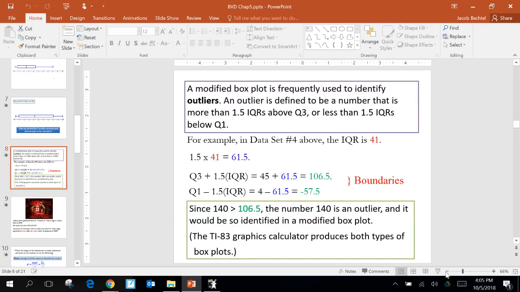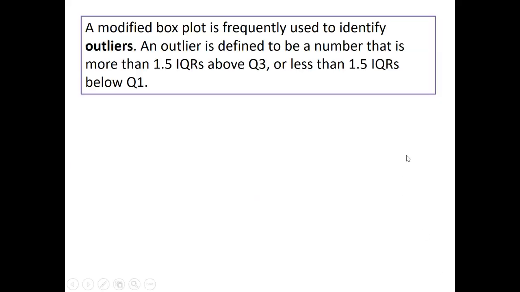Now, the other thing we're going to have, and we'll talk about it, is a modified box plot. In a modified box plot, we mark the outliers. Outliers are defined as any data points that are more than 1.5 times the IQR above Q3, or that are less than 1.5 times the IQR below Q1.